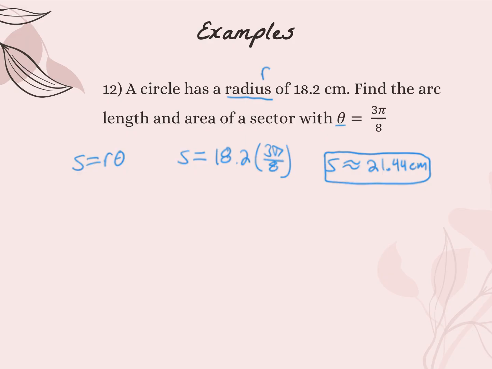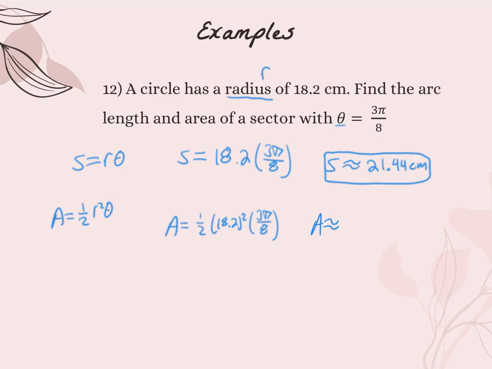Now we want to find the sector area. I'm going to use area is 1/2 r squared theta. So the area is going to be 1/2 times 18.2 squared times theta, which is 3 pi over 8. Again, plug this in your calculator.